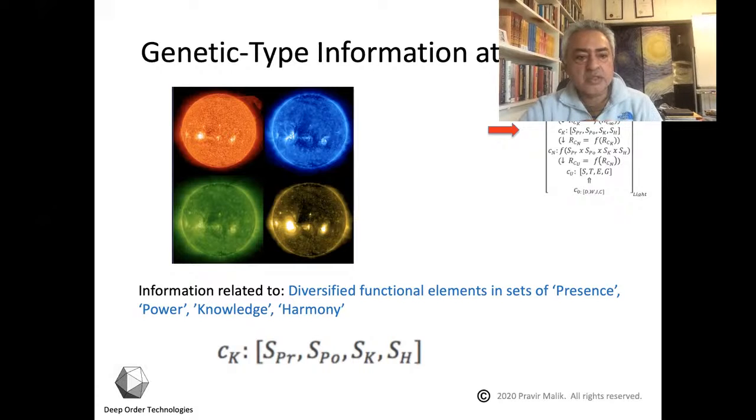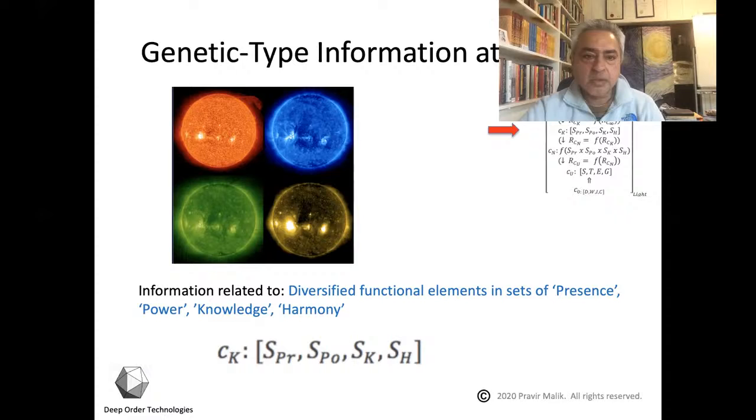And so this is depicted mathematically as a set of presence. So you can imagine presence being diversified into many, many elements all related to presence. And therefore, the information becomes much more diverse or much more particular. And similarly, there is a set of power, a set of knowledge, and a set of harmony.